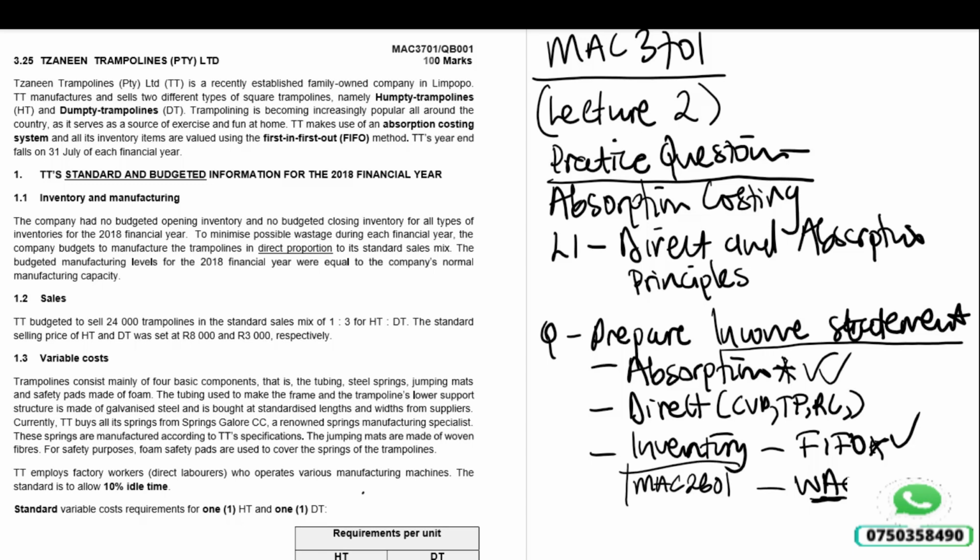They assume that you understand inventory methods. So normally in absorption costing, the company will be using first in, first out as its inventory method.